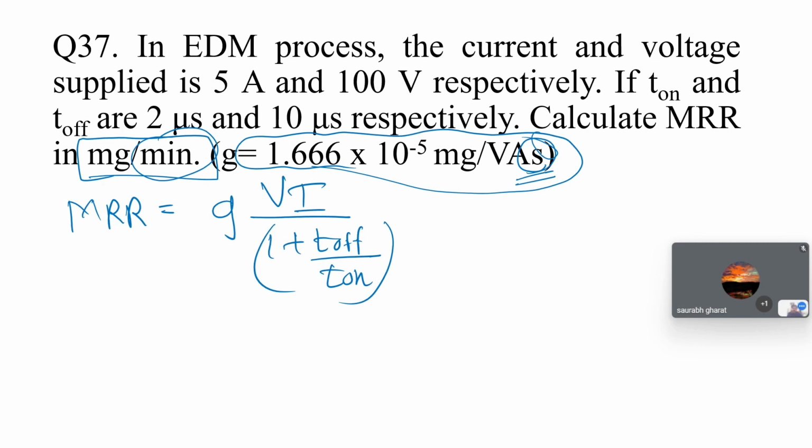You have G, V, I, T off, and T on. Just put the values here and get the answer. That's it. It's simple. So just solve it by yourself.